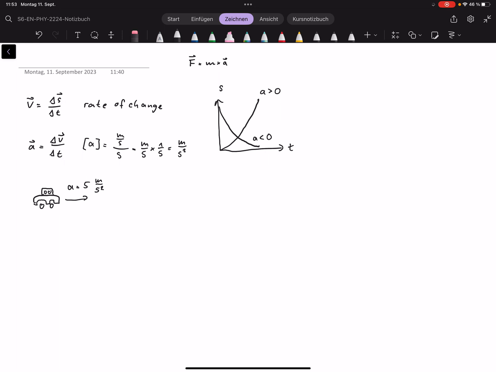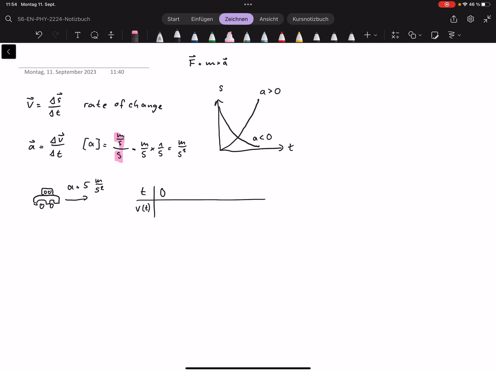Basically here it's meters per second, and we want to look at the situation with a car. Let's just put that into a table of values with the time and the velocity as a function of time.